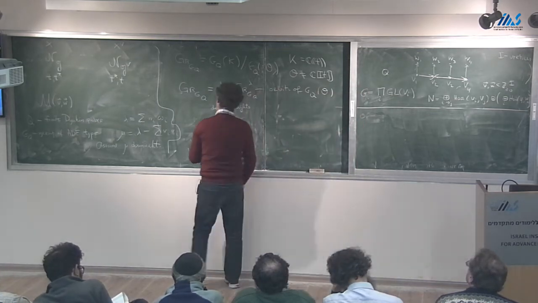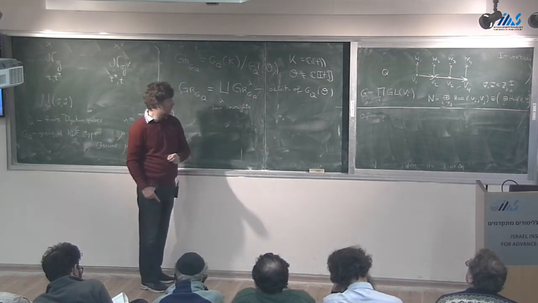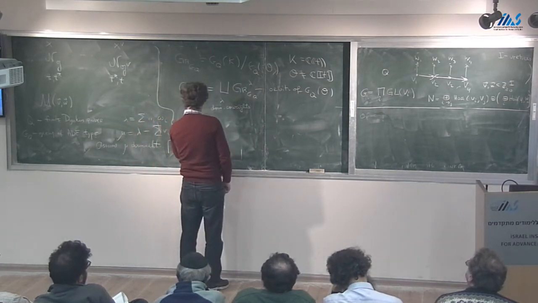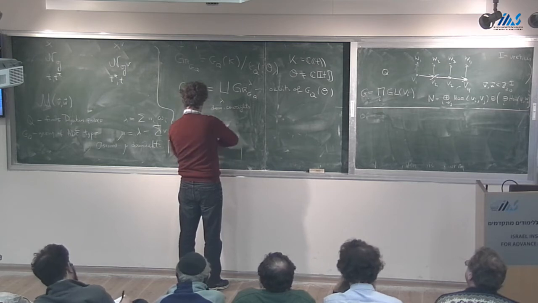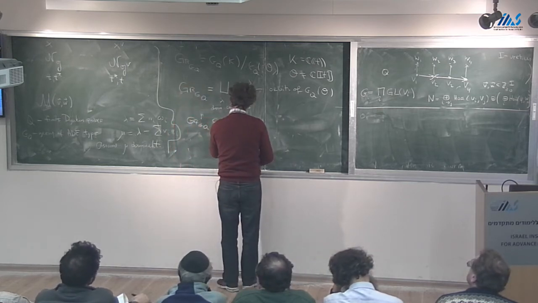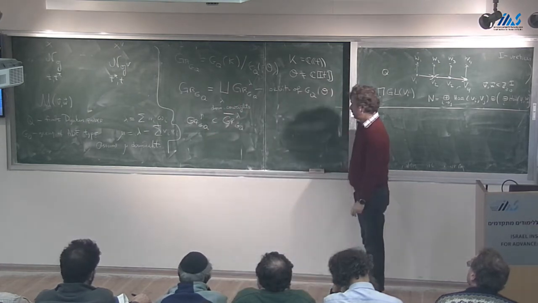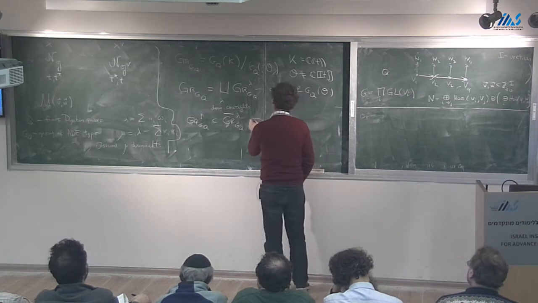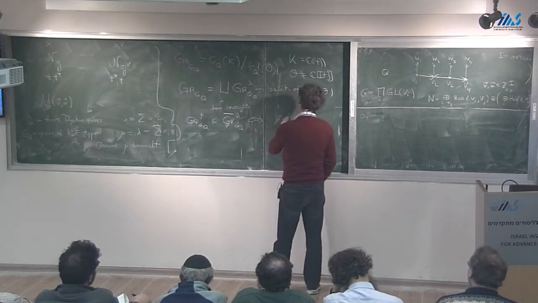And we can consider the closure of such a thing, and so one of these guys lies in the closure of some other guy if and only if mu is less or equal than lambda.